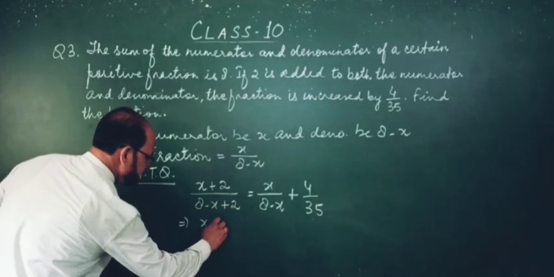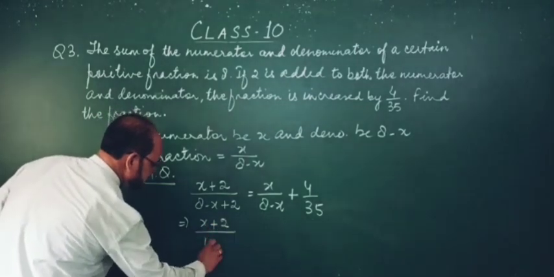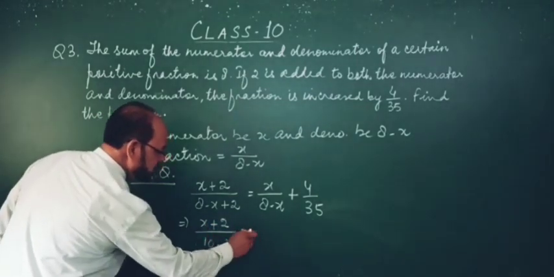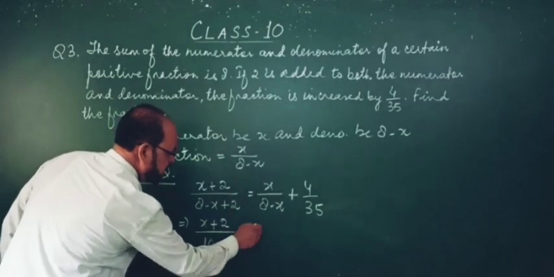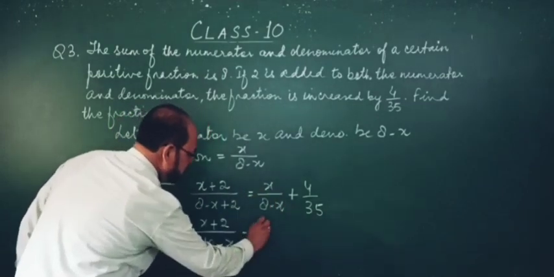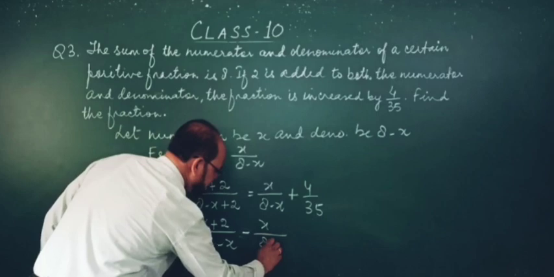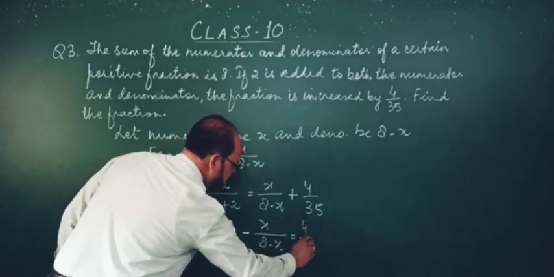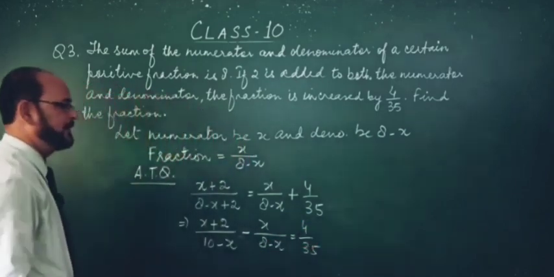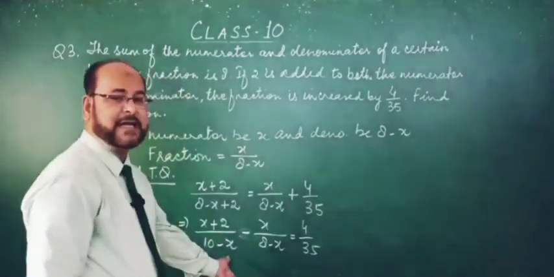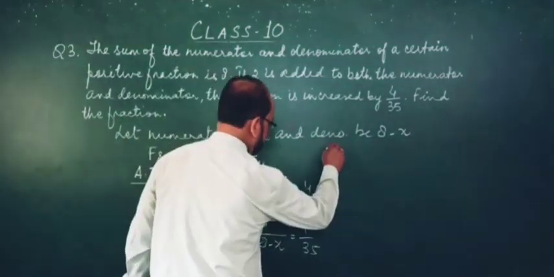What will we get here? It is x plus 2 upon 10 minus x equals, then this fraction we will bring down to this side. This is x upon 8 minus x plus 4 upon 35. First, we will take LCM and frame the equation.